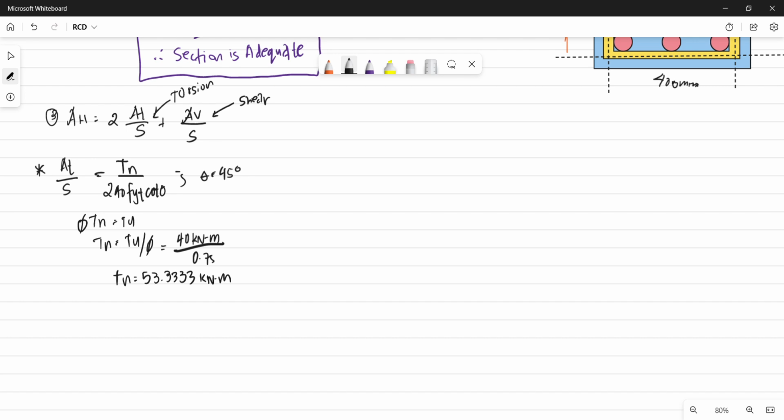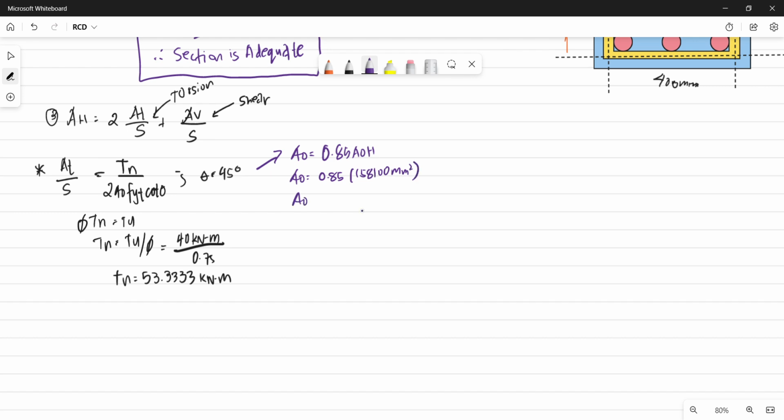So, how do we get your AO? Your AO naman is 0.85 of your AOH. So, AO is equal to 0.85 times your AOH, 158,100 mm squared.